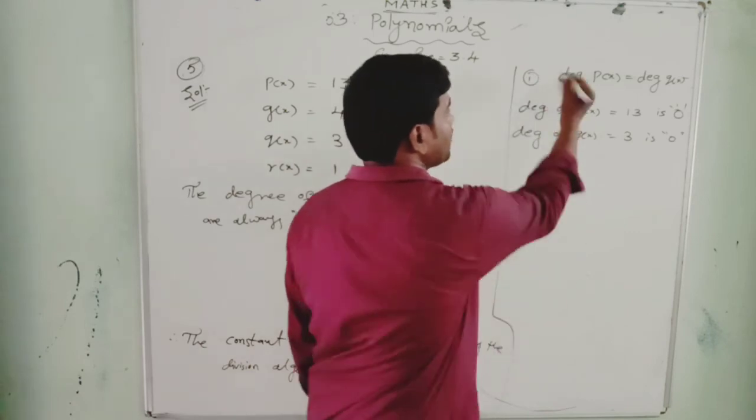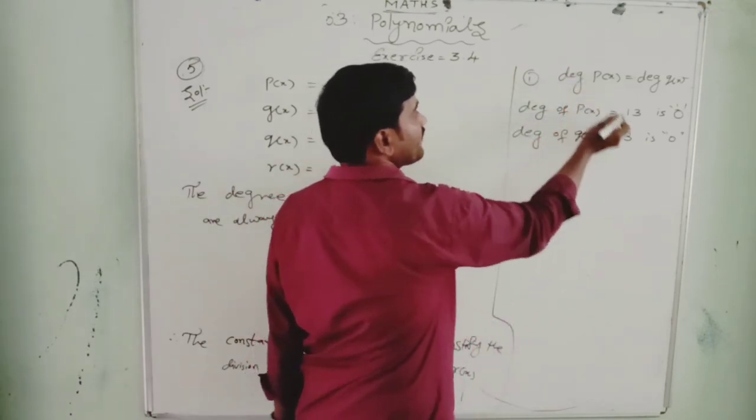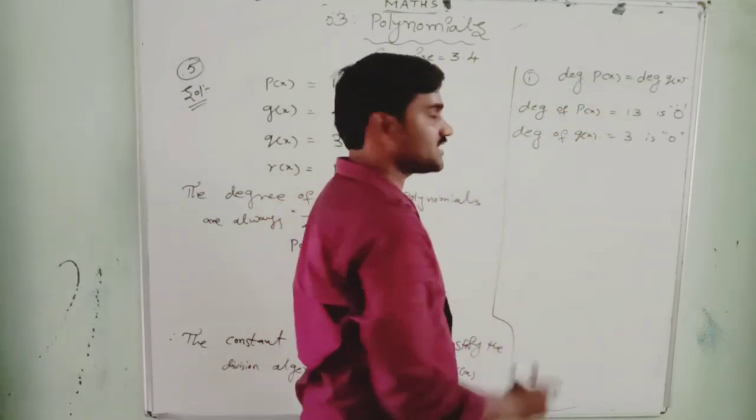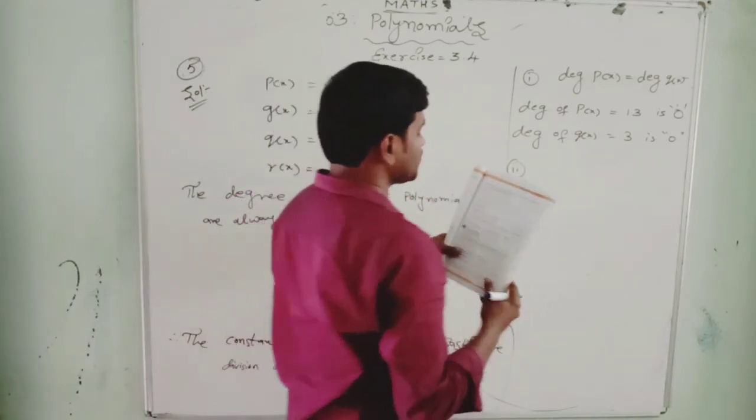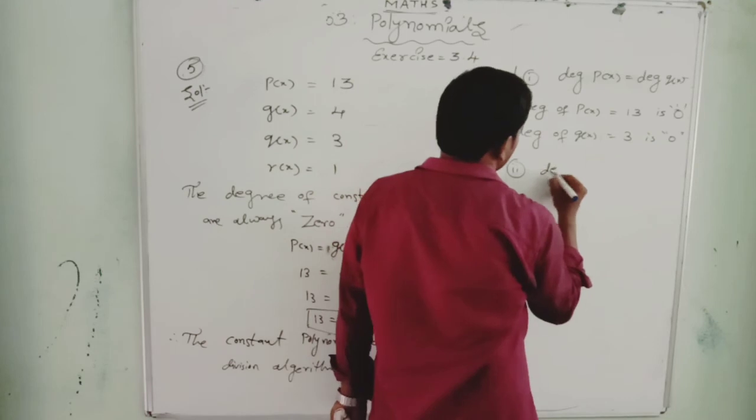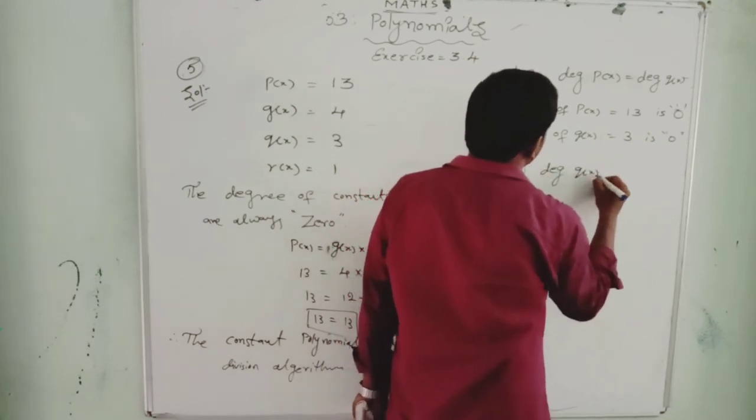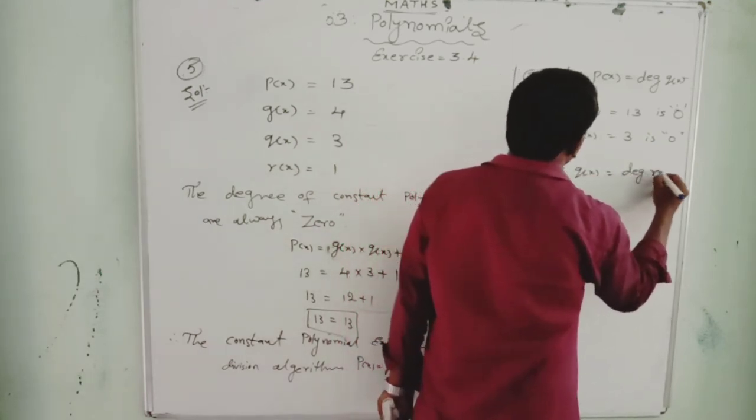So the first condition is satisfied. The degree of p of x is 0, the degree of q of x is also 0. Then the second one: degree of q of x equals degree of r of x.